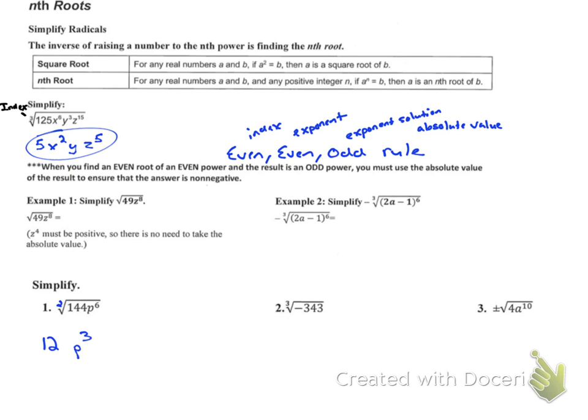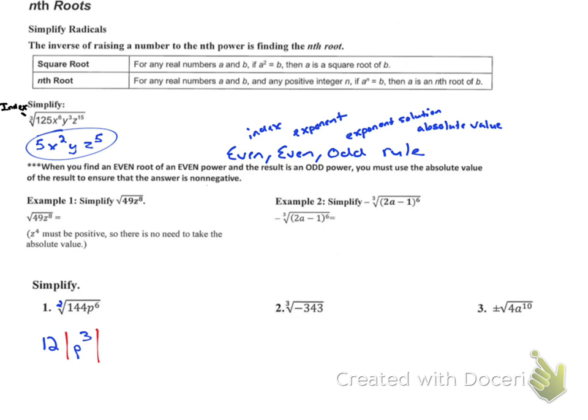So we got even, and then the exponent of the solution is odd, P cubed. So that would mean we would put absolute value around the P cubed. Even, odd.